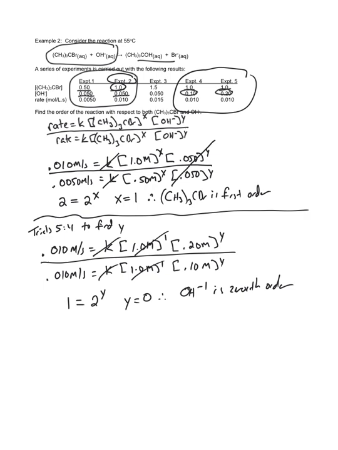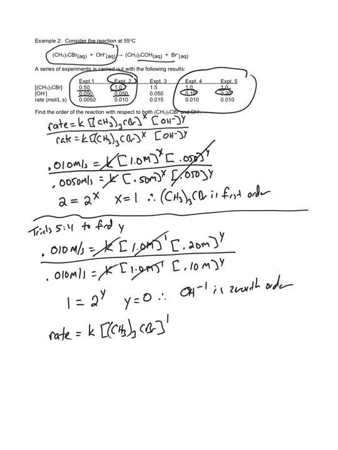Okay, to write the rate law from that, we'll now go ahead and plug in the orders. So the rate of this chemical equation will be rate equals little k, concentration of CH3CBr to the first.